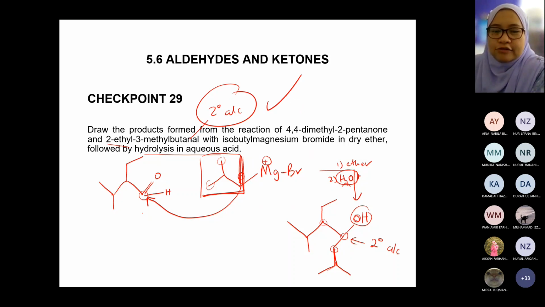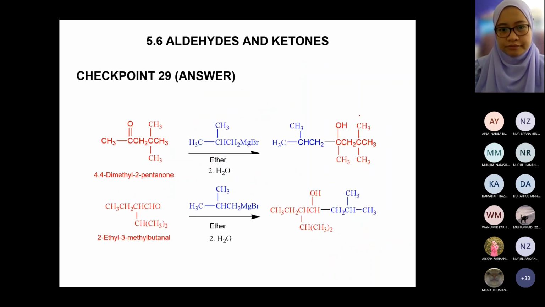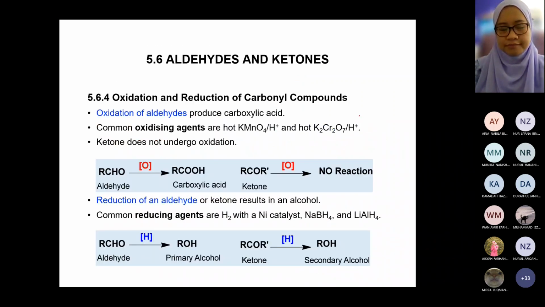Okay, so you try for ketone, so you gonna produce tertiary alcohol, right? Okay, then second reaction of aldehyde and ketone, okay, where carbonyl compound react with Grignard reagent.